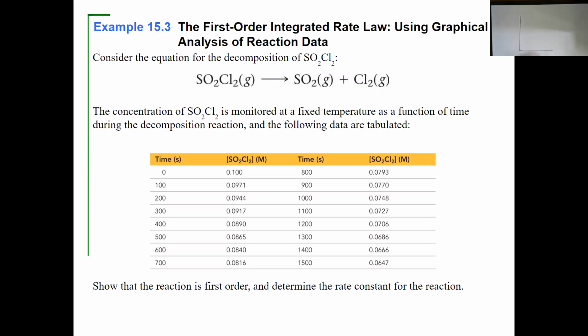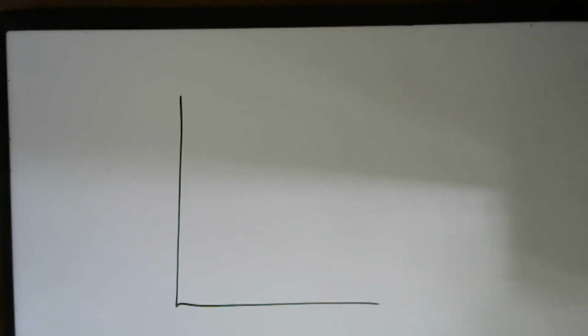Okay, when you're making yourself some kind of graph and, in this case, they're telling us to show that the reaction is first order. Okay, what we're going to see when our reactions are first order, I want you to focus on what the axes are, okay?